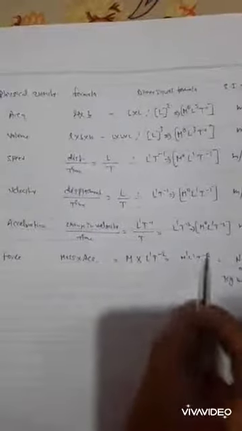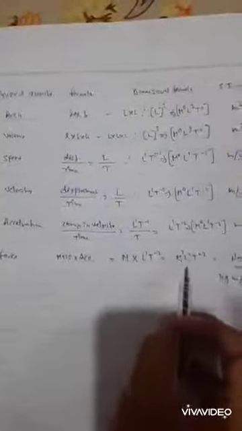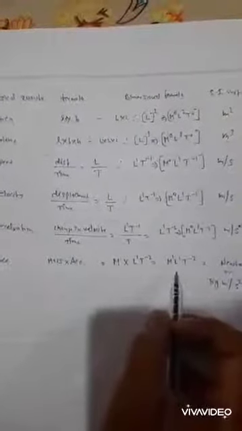So the dimensional formula for force is M1 L1 T minus 2, and the SI unit of force is Newton, or we can also say that kg meter per second square. So this is one of the important dimensions. So please learn the dimension of force.